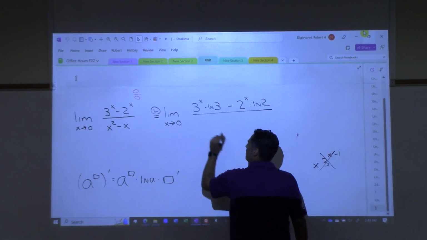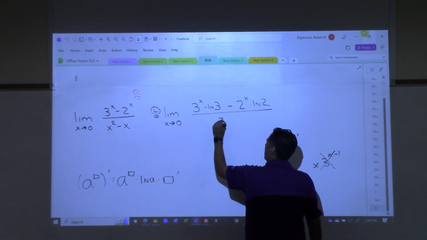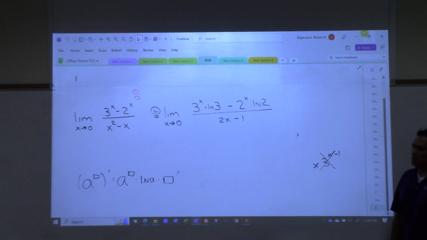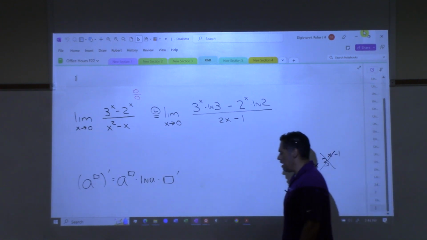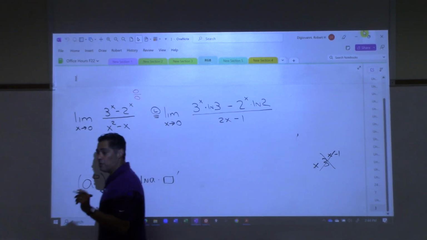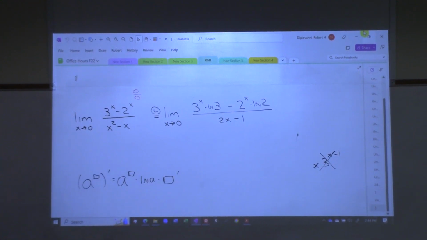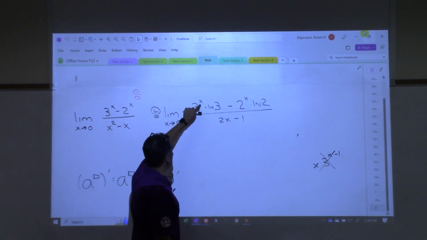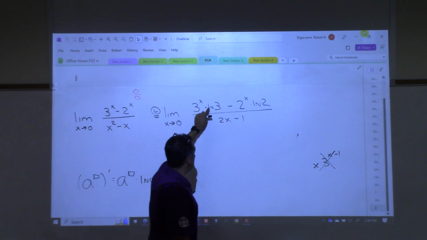All over 2x minus 1. Now let x go to 0 again. You cannot use L'Hopital unless you have 0 over 0 or infinity over infinity. You must stop as soon as you no longer have that. If I let x go to 0 here, 3 to the 0 is 1, so that's 1 times natural log of 3.